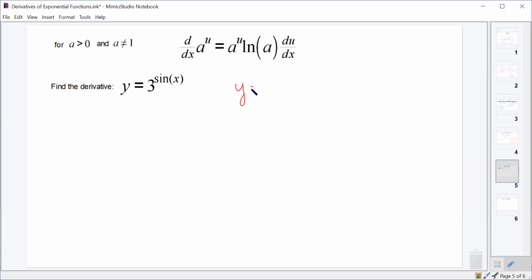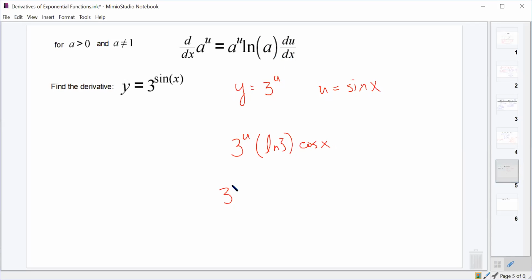This is y equals 3 to the u power with u equals sine x. This is just the chain rule. So the derivative of 3 to the u is 3 to the u times the natural log of 3, and then times the du, which is cosine x.